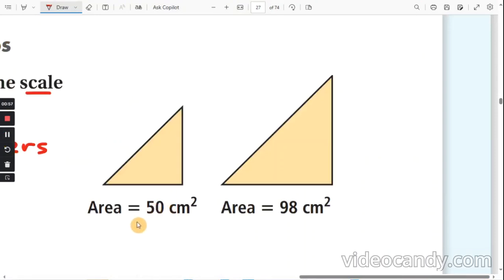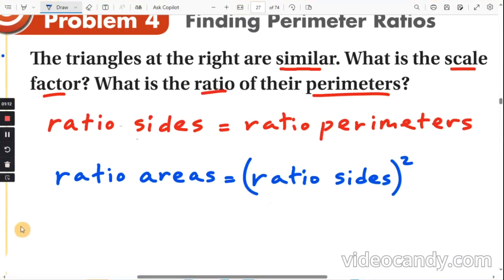Now, in the diagram, they give us the areas. So we can write a ratio of the areas, and we're going to do something to find the ratio of the sides. Recall that in the beginning, we said that the ratio of the areas equals the ratio of the sides squared. Remember the A over B? And we want to find the ratio of the sides. So what is the opposite of squaring something?